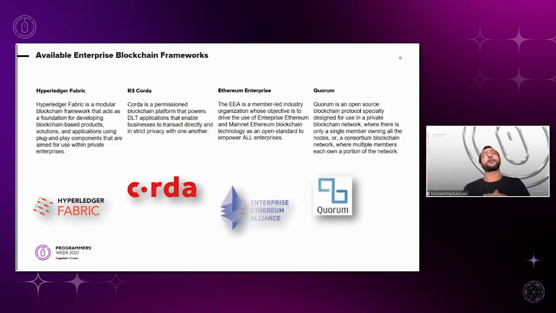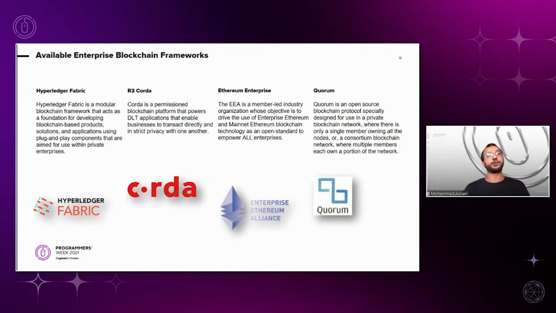Because of this, we can easily see one thing: enterprises want customization, and Ethereum and Bitcoin don't provide customization. As a result, we have a need for some kind of enterprise blockchain framework. And that problem is solved by some of the frameworks available in today's blockchain landscape.